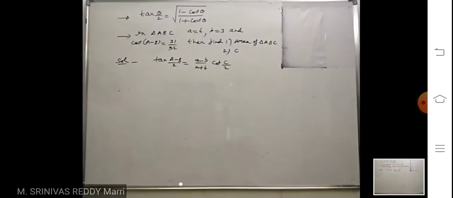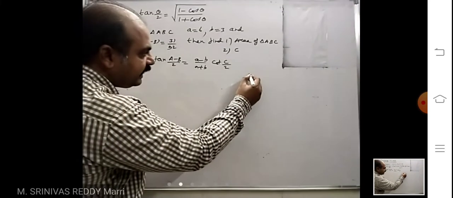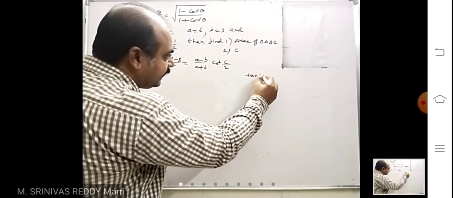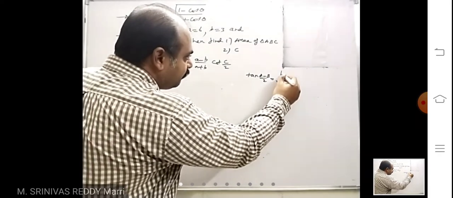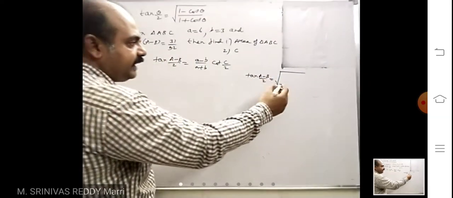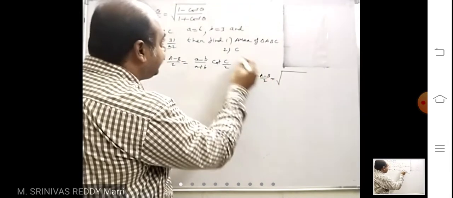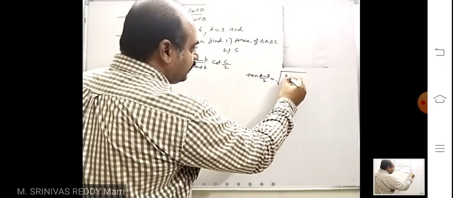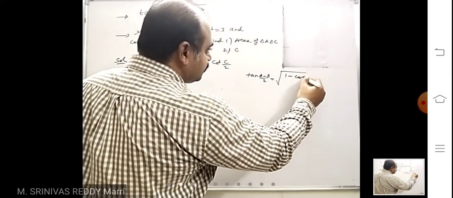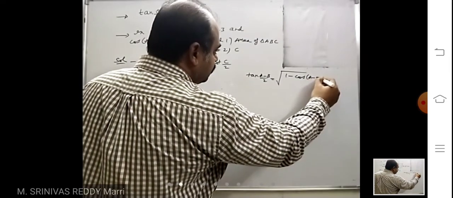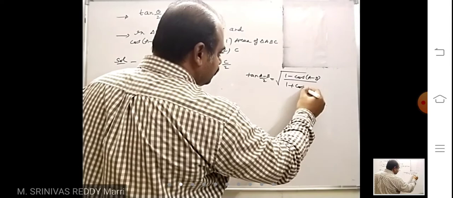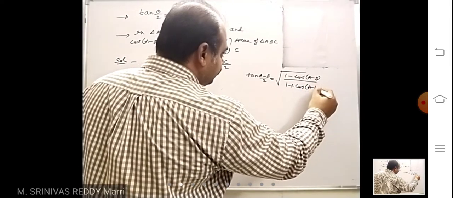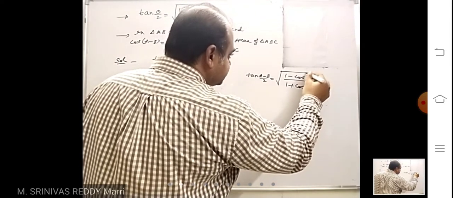Now tan of A minus B by 2 I will calculate. Tan theta by 2, where theta is A minus B, is root of 1 minus cos of A minus B divided by 1 plus cos of A minus B.